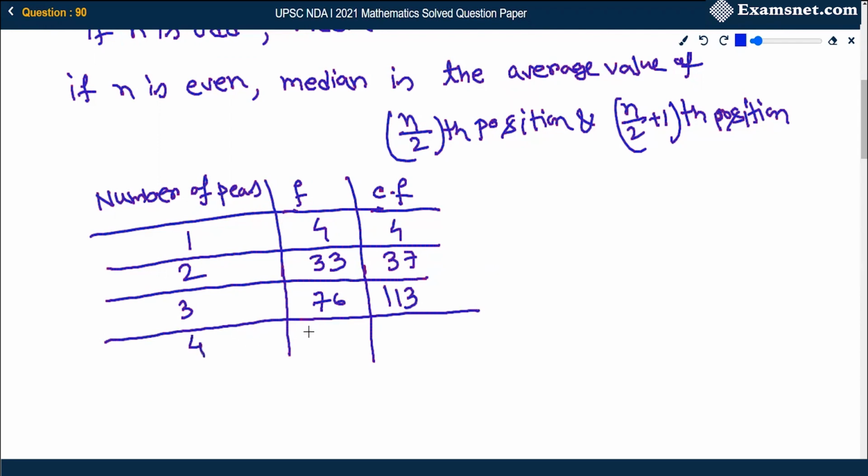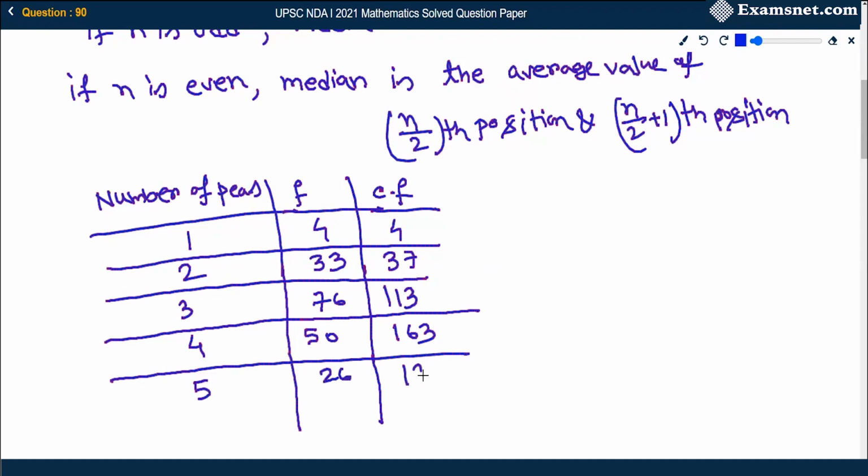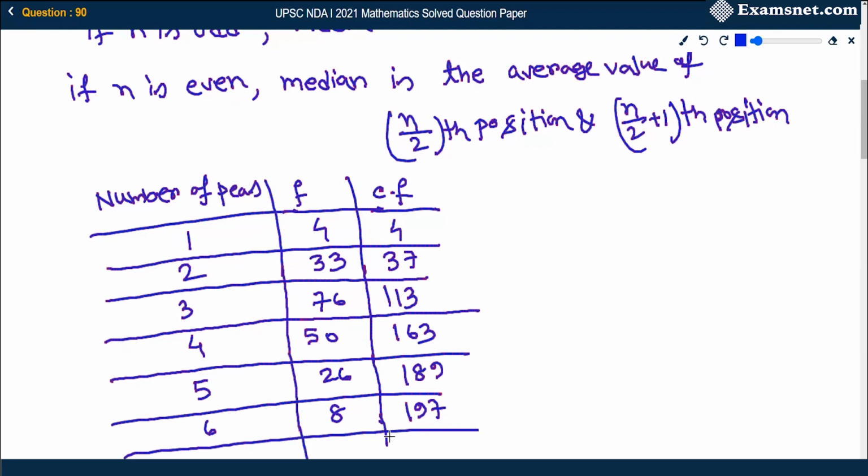Next 4, frequency 50, cumulative frequency 163. For 5, frequency 26, so cumulative frequency 189. And 6, frequency 8, cumulative frequency 197. For 7, frequency 1, cumulative frequency 198.